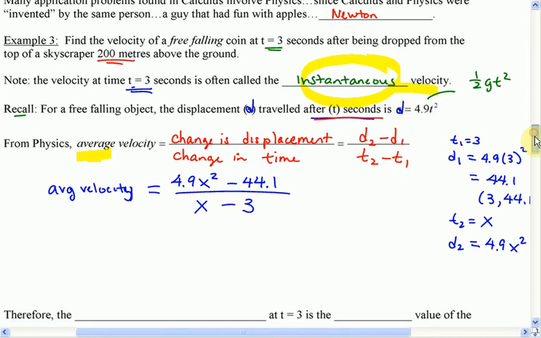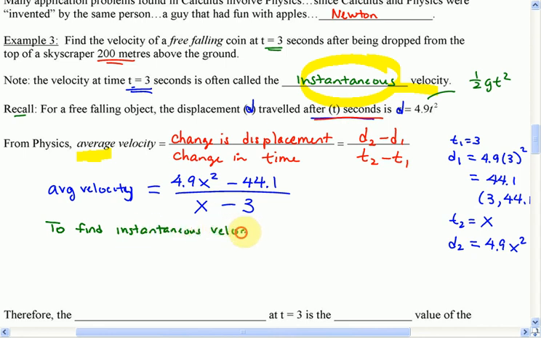Okay, ladies and gentlemen, this is the formula for average velocity. How do I calculate the instantaneous velocity? Well, what number should I plug in for x here? To find the instantaneous velocity, remember what instantaneous means?